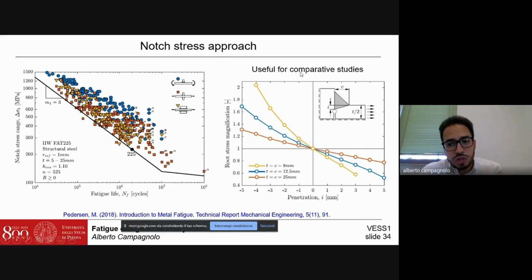This approach is useful also for comparative studies, since it allows us to account for the local geometry of the weldment. Therefore, it allows us to study the effect, for example, of the penetration depth l on the stress magnification factor, and therefore to study the effect of changing the penetration depth l on the fatigue strength of our welded joint.